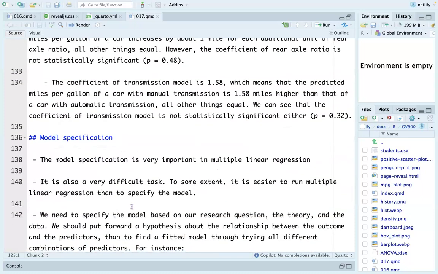This is very important. Deciding which variables to include or exclude is important, and it's very difficult to some extent. To run a regression is very easy. You just input the data and use R to run it. You can get the outcome almost by a click. However, it's not easy to decide which variables should be included in the model.